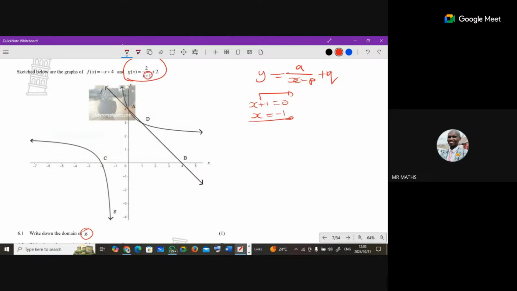So this means x is an element of real numbers, but x cannot be equal to -1.